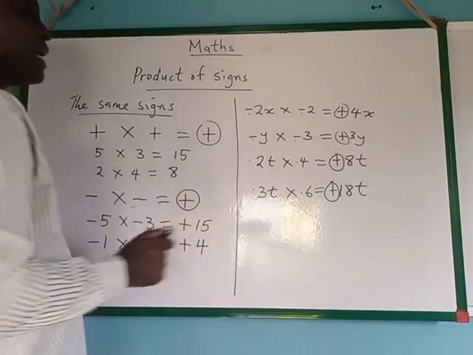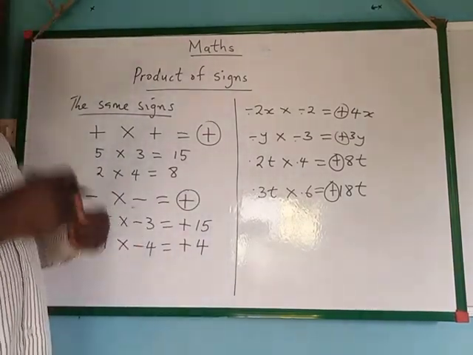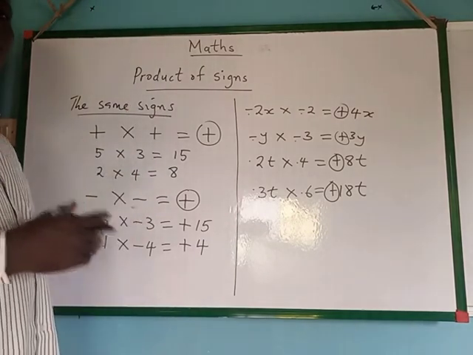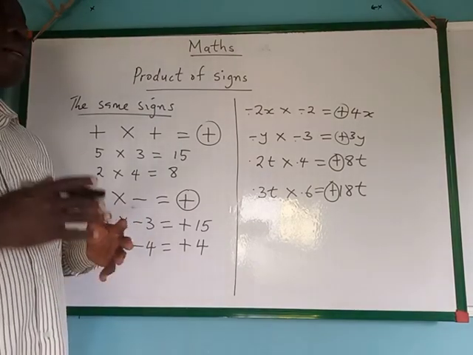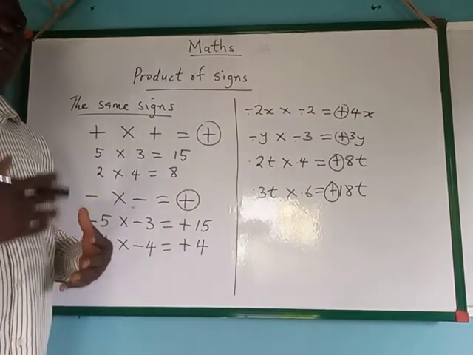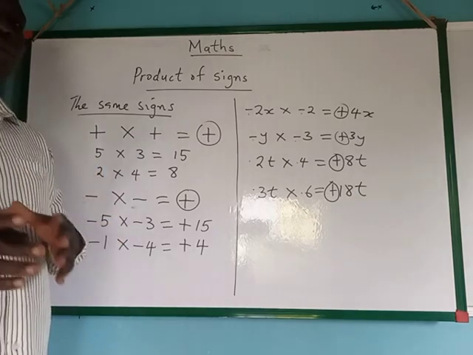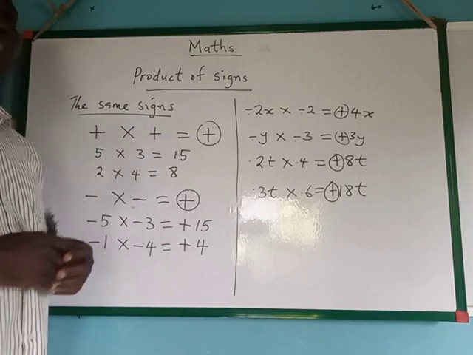So the same signs, when you multiply them, the result is always positive. Whether it is minus or plus, the result is always positive. So have that in mind, so that when you are working on algebraic expressions or ordinary numbers, you will be able to know what the sign of the result will be, whether it's positive or negative, when you are dealing with product, which is multiplication.